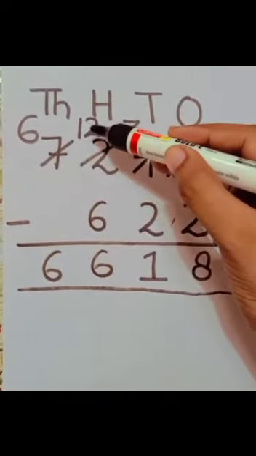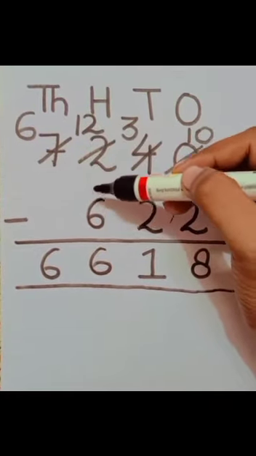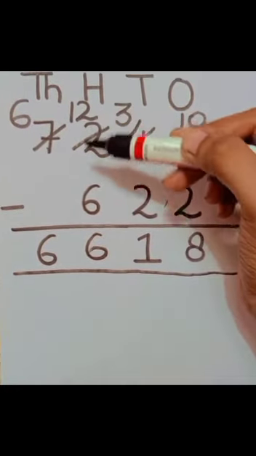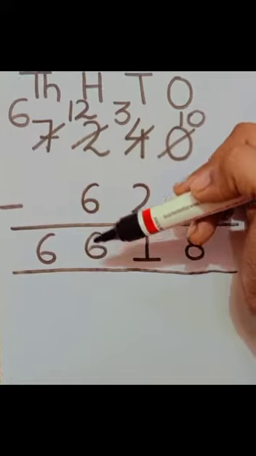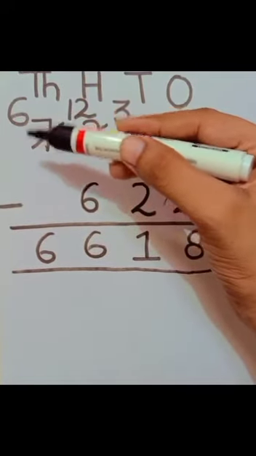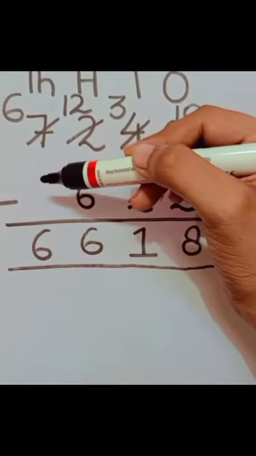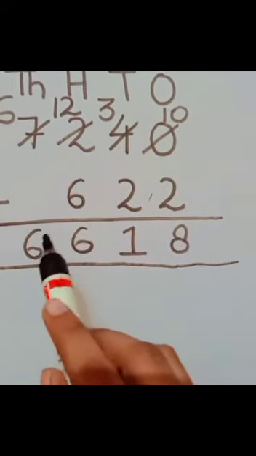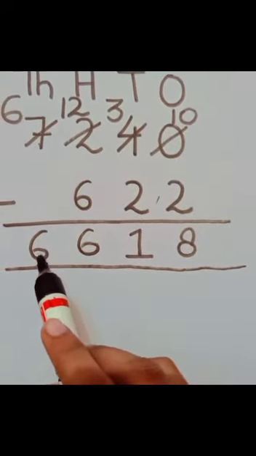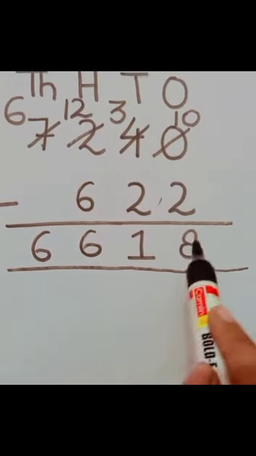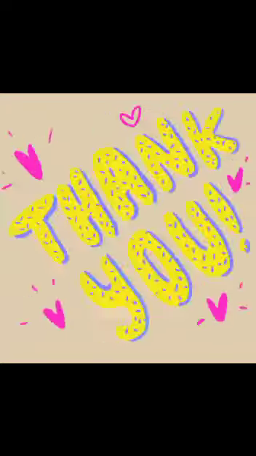Now we can easily subtract 6 from 12. 12 minus 6 will give you 6 and 6 we will write as it is, as no number is written here. So the difference is 6618. So what we have learned today? We have learned how to subtract with regrouping or without regrouping.